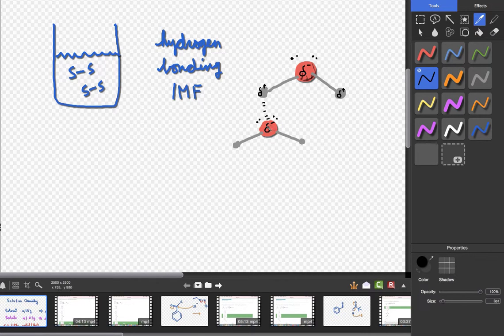If we're going to dissolve a solid in water, the first step is we must break the IMF between solvent molecules.